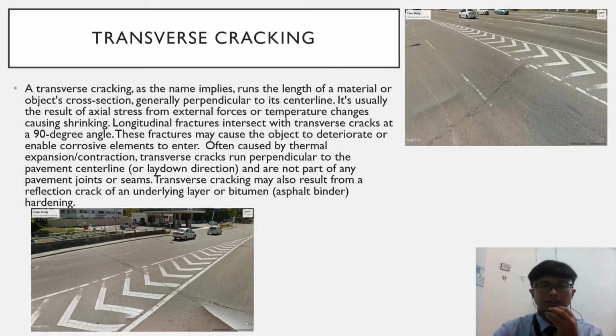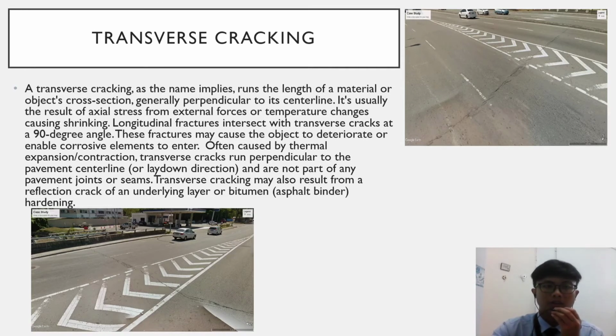So the third one is transverse cracking. So transverse cracking, as the name implies, runs the length of a material or object's cross-section, which is generally perpendicular to its center line.